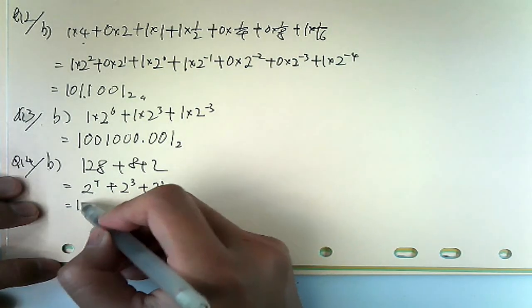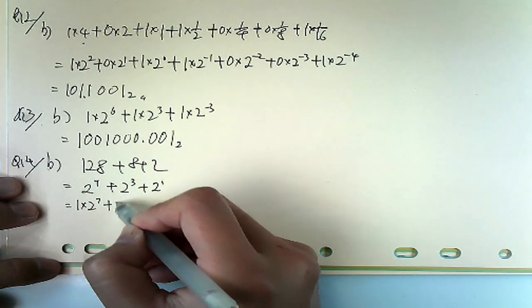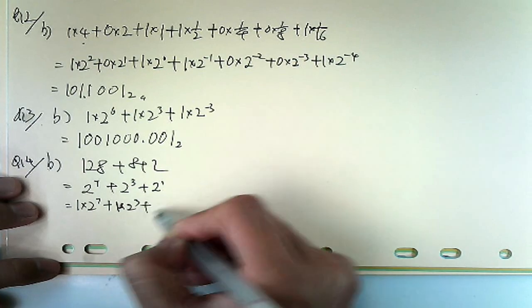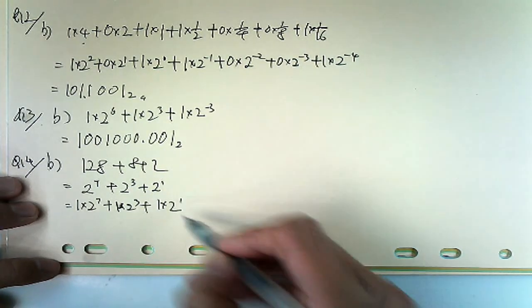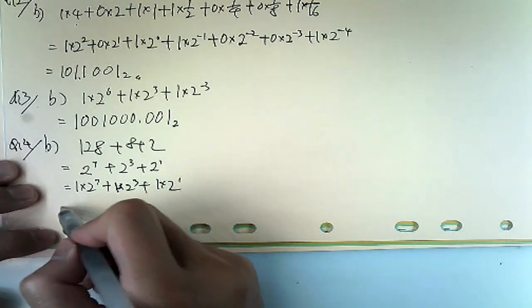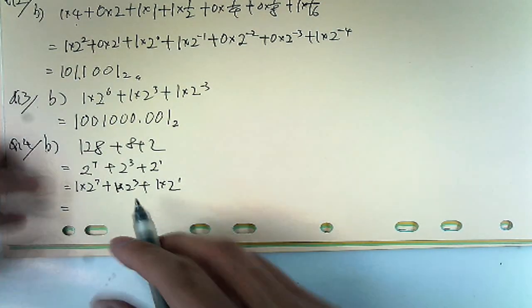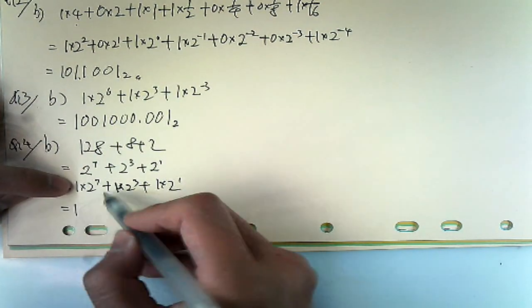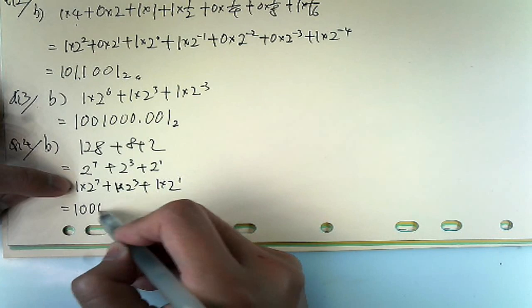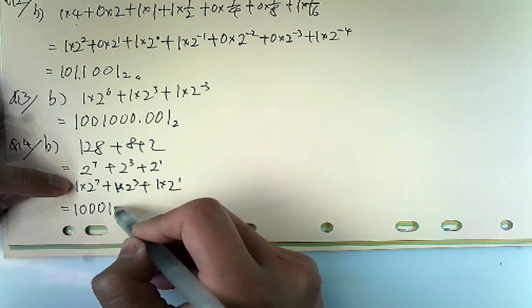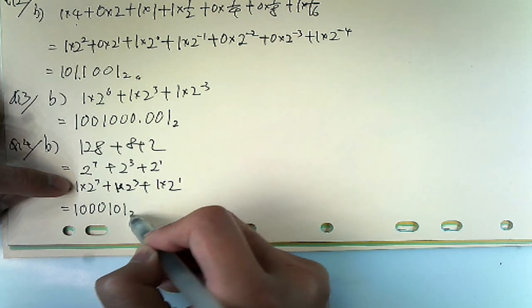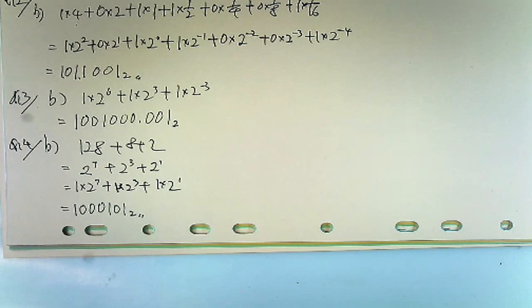We make it 1 times, show out the 1. Then it will be very easy to write down the number. So from the 7, 1. We don't have 6, we don't have 5, we don't have 4. But we have 3, we don't have 2, but we have 1, okay? And this is the answer.